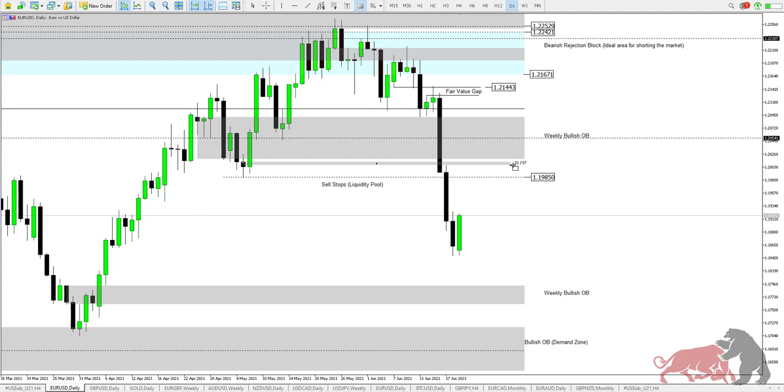Number one, this old bullish order block. Number two, we also have this old bullish order block, right? These sell stops have already been liquidated, right? We don't need to change that price action.